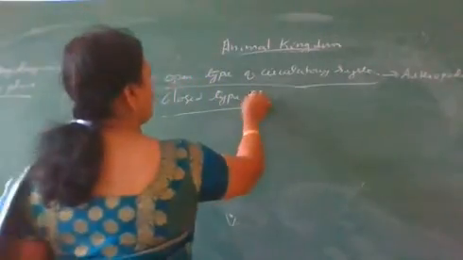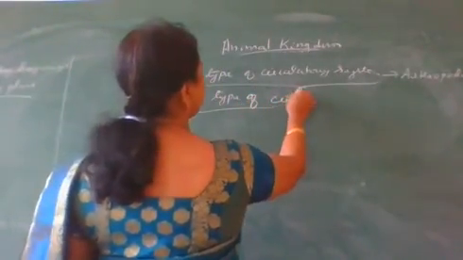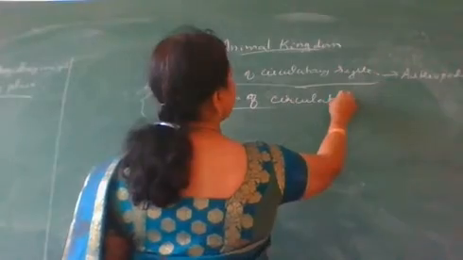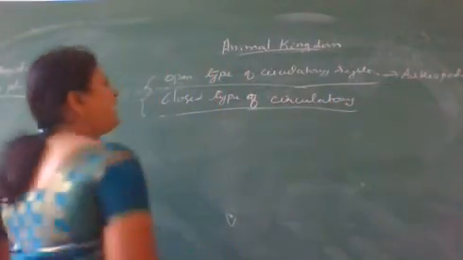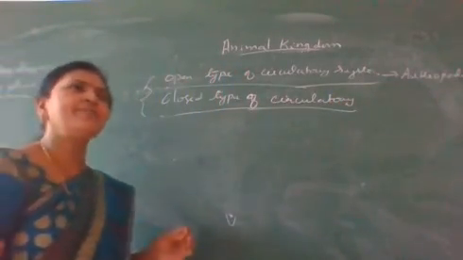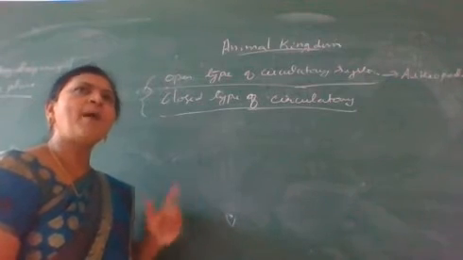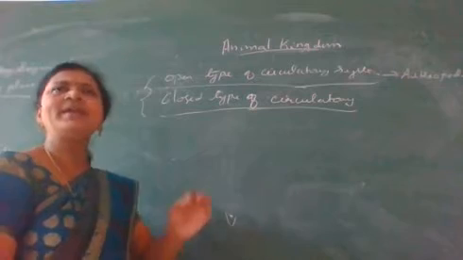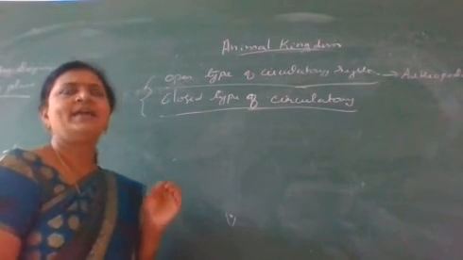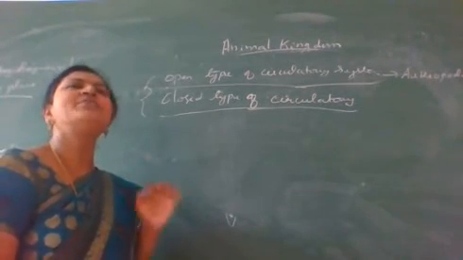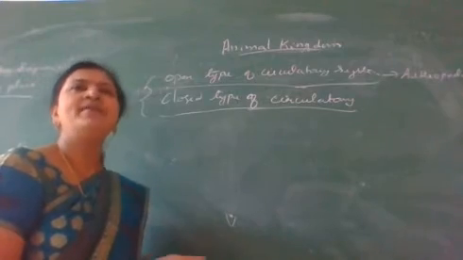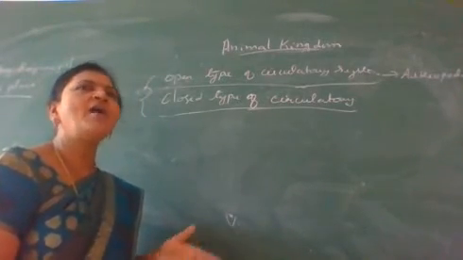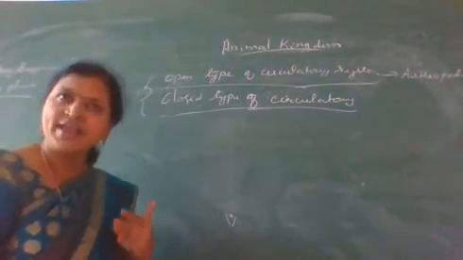Closed type of circulatory system. What is closed type of circulatory system? As the name itself indicates, closed means the blood pumped from the heart is carried by definite channels, which are nothing but blood vessels in the form of arteries as well as veins.